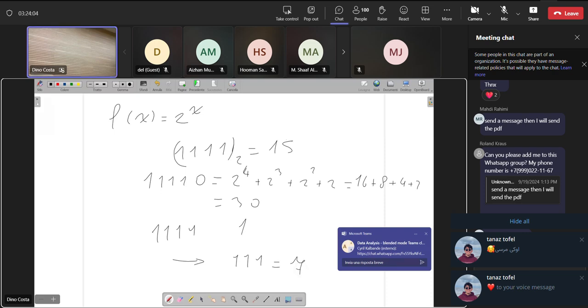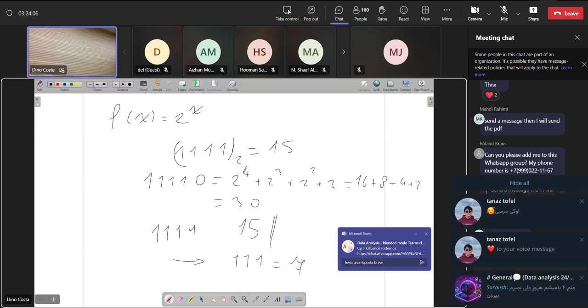But in fact, 15 divided by 2 is 7 something, and the something is in general only a technical fact. This is the shifting operator in this direction, and this is the shifting operator in the other direction.